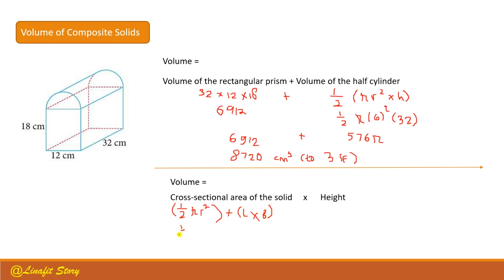So 1/2 times pi times 6 squared plus 12 times 18 is equal to 18 pi plus 216.